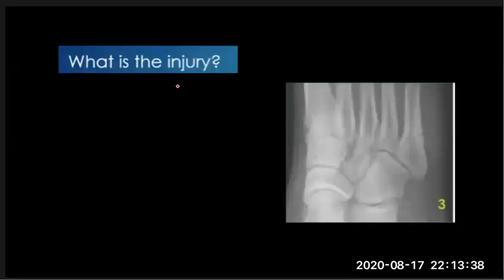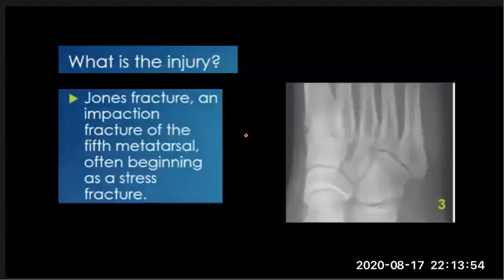And the fourth one, this one, is Jones fracture. It is 1.5 to 2 centimeters away from the base, and it begins as a stress fracture.